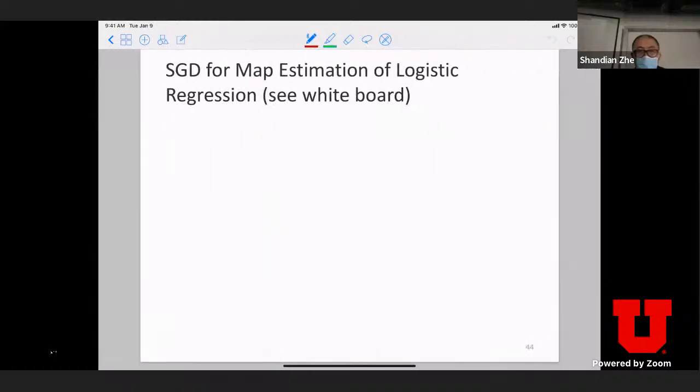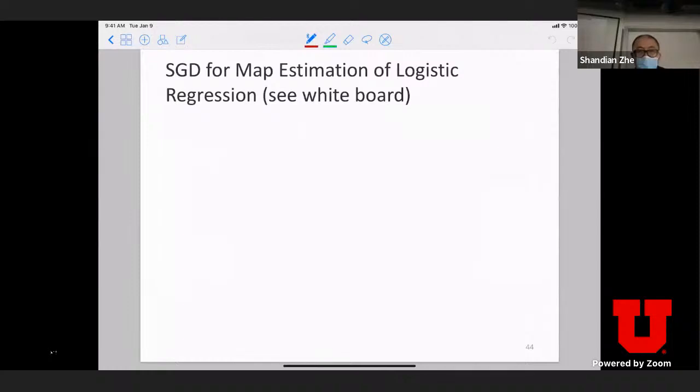Okay, and then let us look at how we conduct stochastic gradient descent training for logistic regression. It's exactly the same as what we have done for stochastic subgradient descent for SVM. So I just write down the algorithm framework.